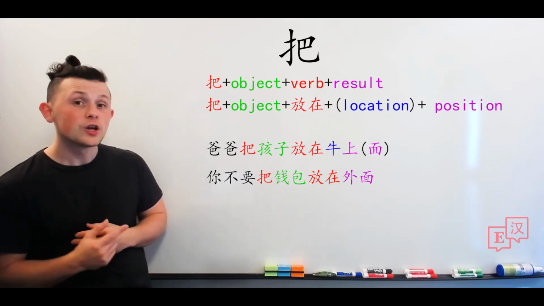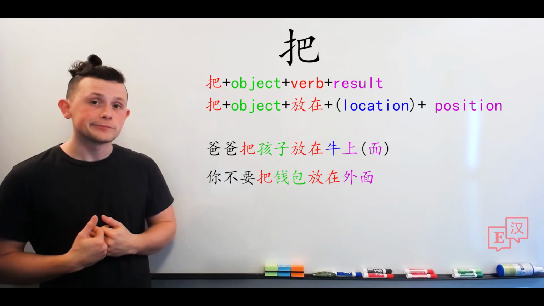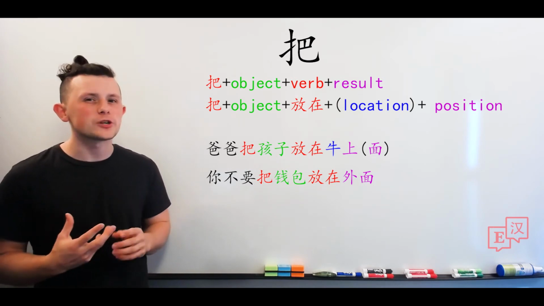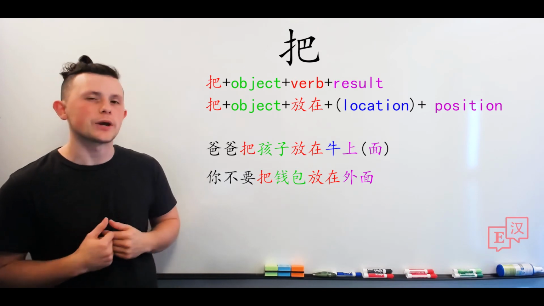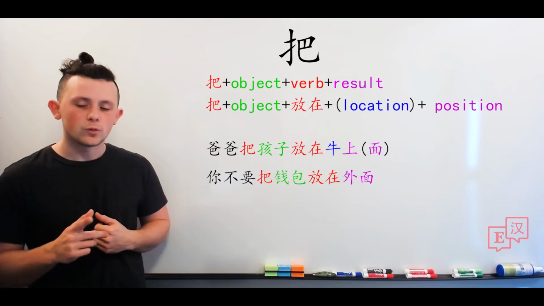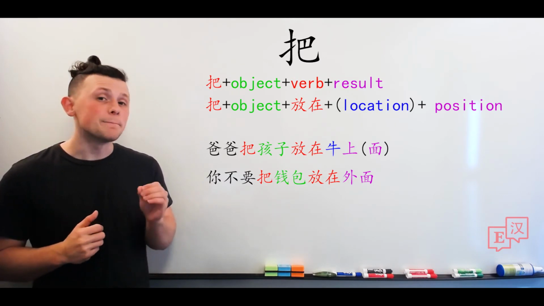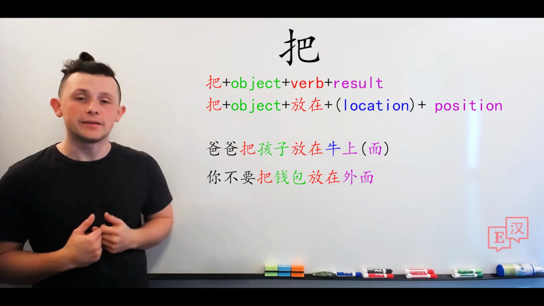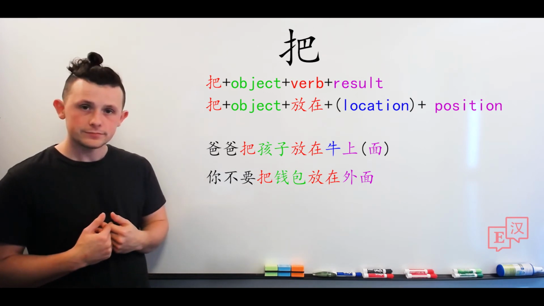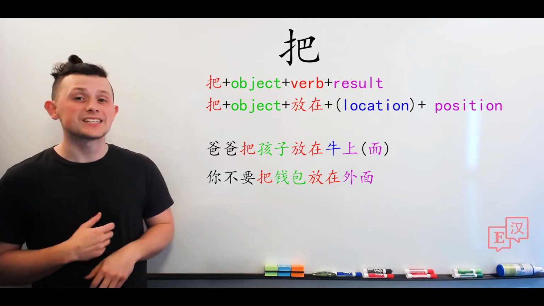So our object here, the wallet, what are we doing with it? Well, we're putting it outside. In this case, 外面 serves as both a location and a position, so that's okay. One last time. 你不要把钱包放在外面。Now, let's look over two last examples.